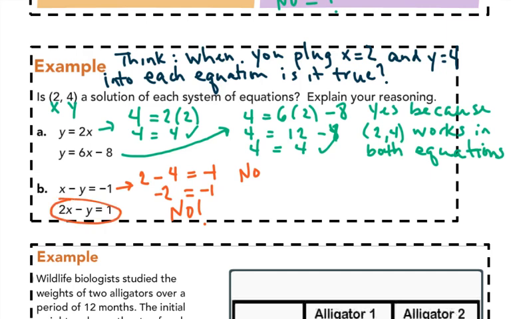It may or may not work in the second one, but we don't have to check it. The reason being, if it doesn't work in both, it's not a solution. So no, because (2, 4) does not work in both equations.